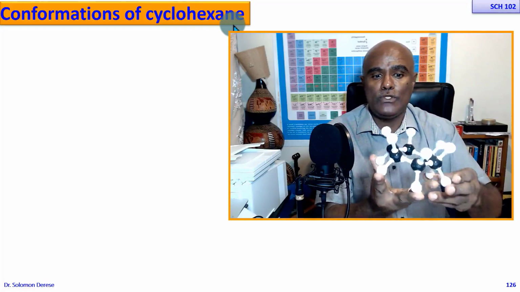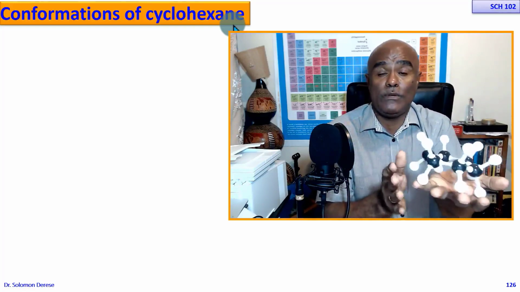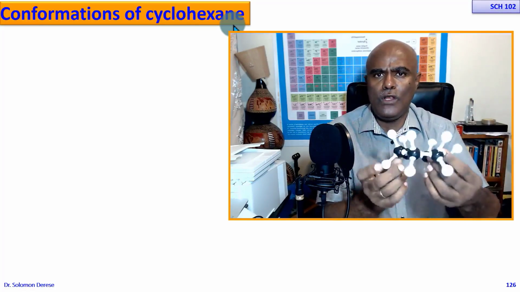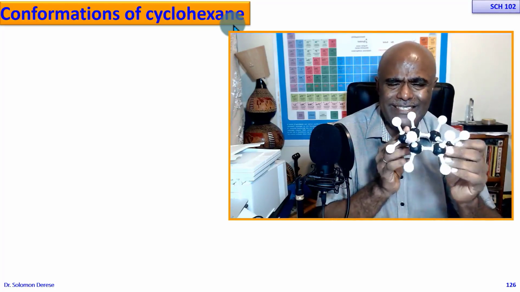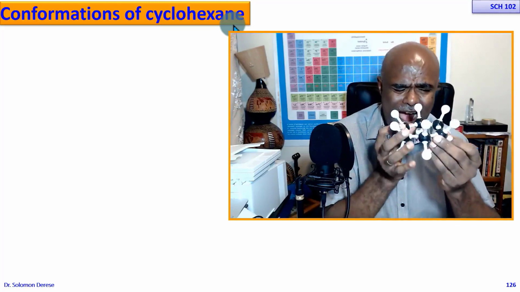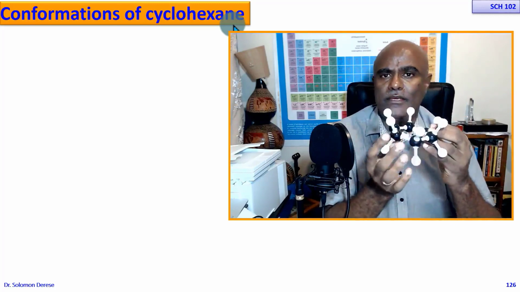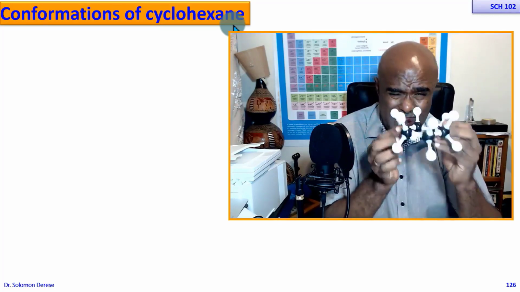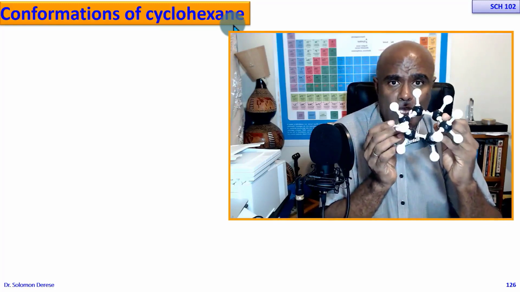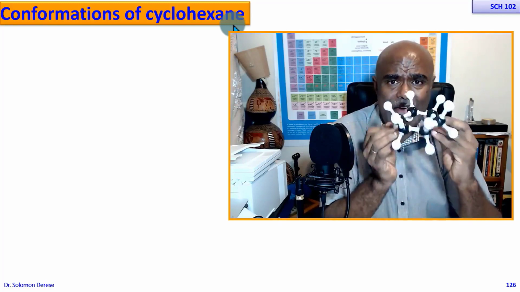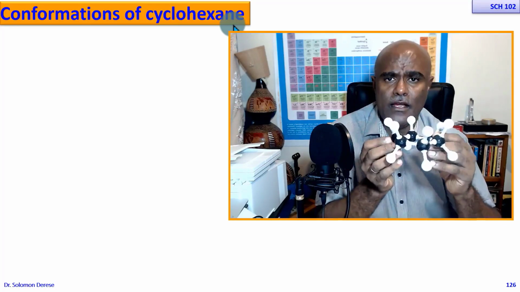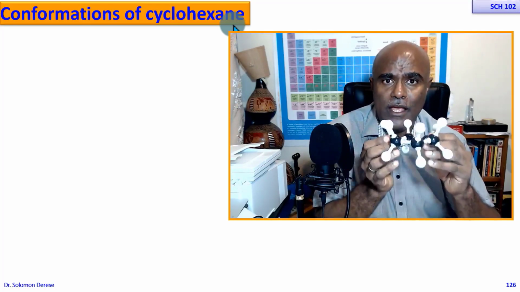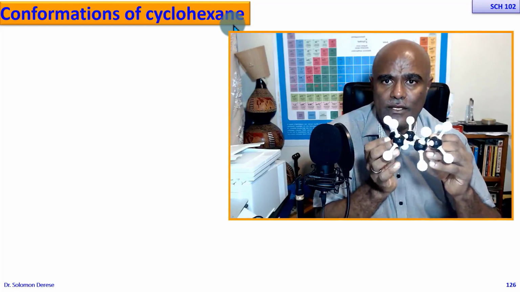The same applies to the hydrogens at the bottom of the ring. All the 12 hydrogens in the planar cyclohexane have eclipsed each other. Therefore, the planar cyclohexane is unstable as a result of severe angle strain and torsional strain.